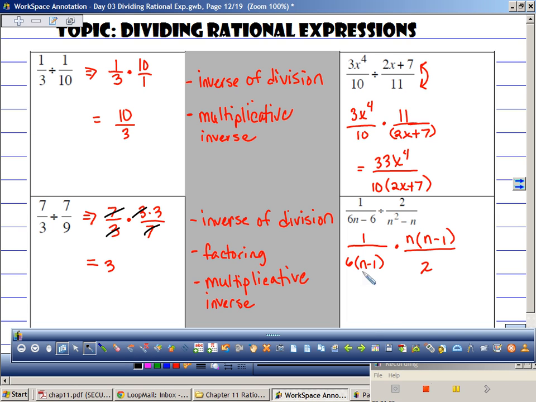And then I just simply get rid of my common factors. N over 12 is correct, because 1 times n is n.